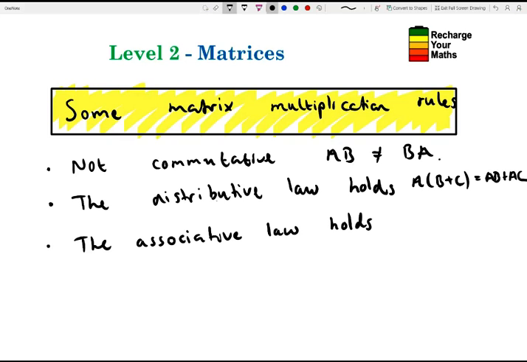And that says that A multiplied by B times C is equal to A times B, all multiplied by C.